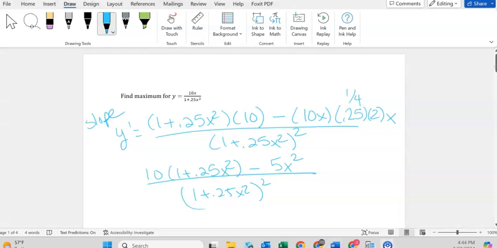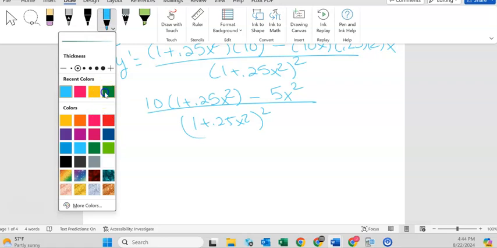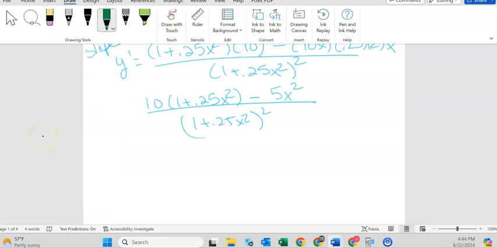And then I'm going to do a little bit more cleanup. So I'm going to do 10 plus, let's see here, that was 10/4, which is 5 halves x squared minus 5 halves.